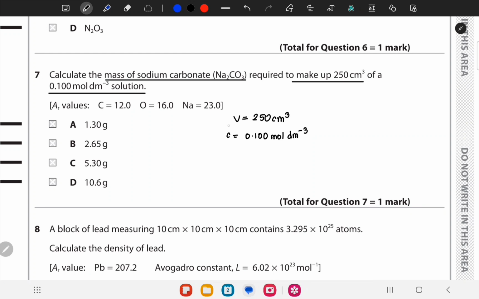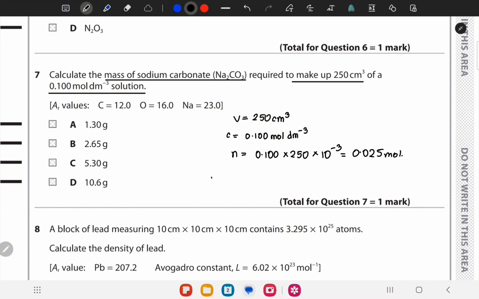If we multiply the volume after converting into dm cube with the concentration, we'll get the number of moles of Na2CO3. So the number of moles will be 0.100 into 250 into 10 to the power minus 3, which will be 0.025 mole.